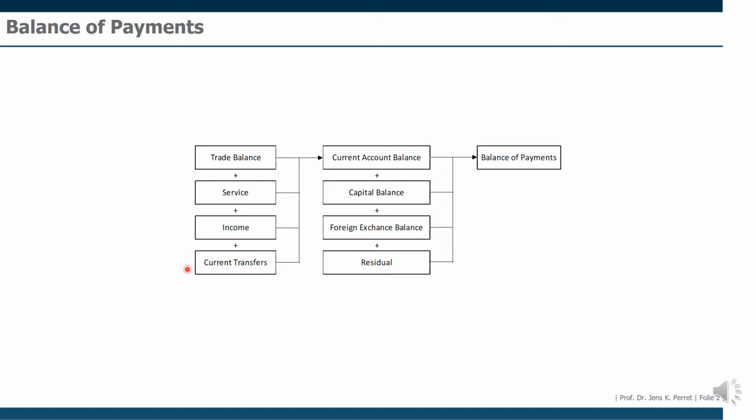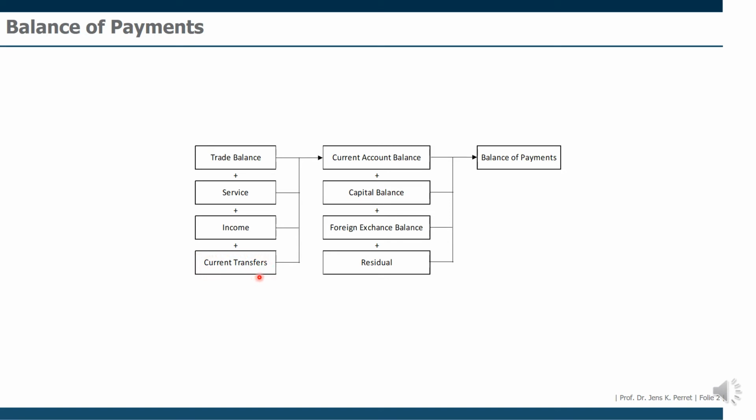Again, this is in most countries not really a very large position. However, it makes sense to mention that in most industrialized countries, this is actually negative because money is leaving these countries, and in a lot of developing or transition countries, this is a positive part. There are even some extreme examples like Tajikistan where this made up a significant share of the GDP.